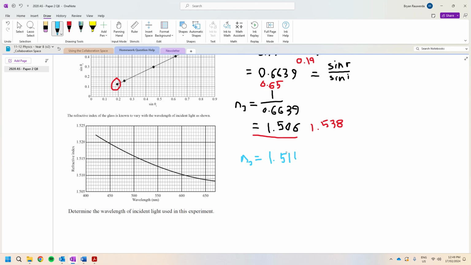Now we can take this number and look for 1.511. So 1.515, so it's a little bit less than that, 1.510, cool, 1.511 would be right here. So we trace that all the way across to here, and then head down from there to there.